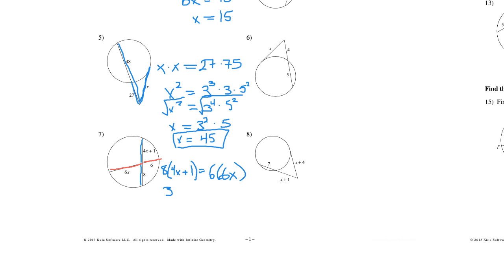That gives us 32x plus 8 equals 36x. If we subtract 32x from both sides, it's going to give us 8 equals 4x. And then x must equal 2.